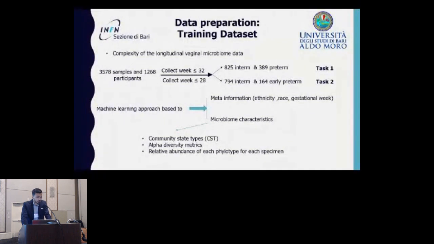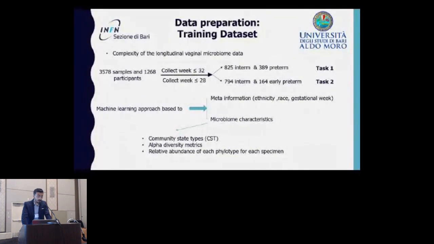For this type of data, we used community state types that group the specimens according to the composition of the vaginal microbiome. We also used the alpha diversity matrix that describes the richness and the variety of the organisms in each specimen. And the most consistent part was the relative abundance of phylotypes.